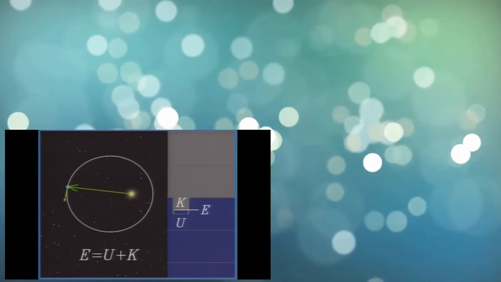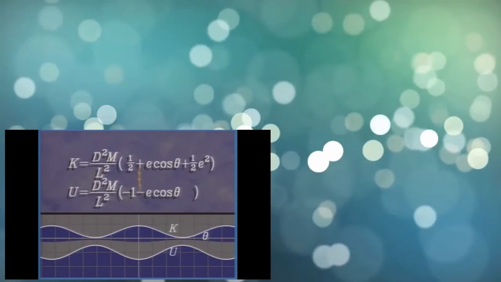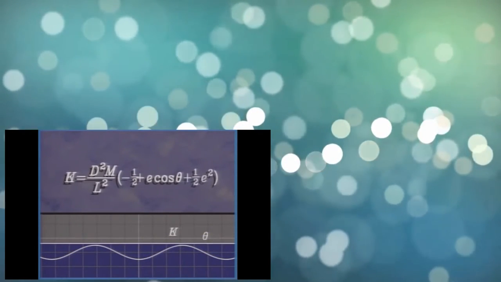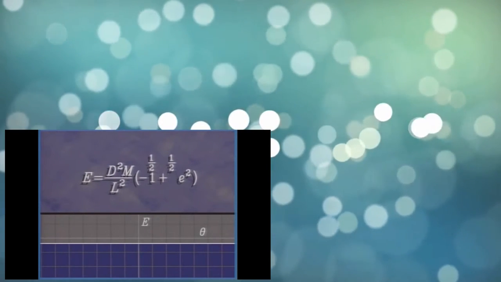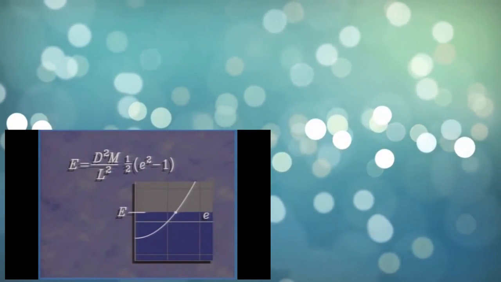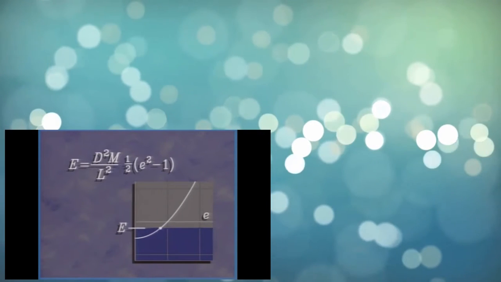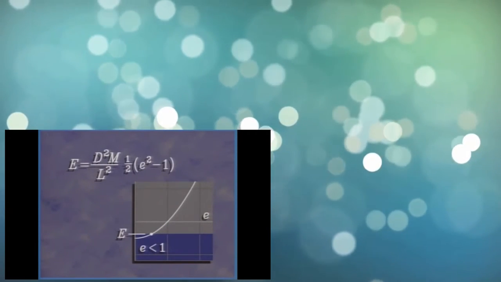The total energy, kinetic plus potential, is constant. That's because the cosine terms cancel in the addition. And that's it, the connection between energy and eccentricity. It's true for a hyperbola, a parabola, or an ellipse.